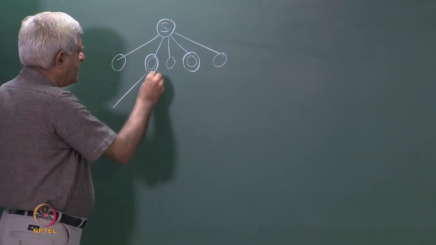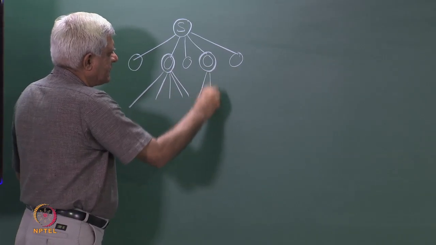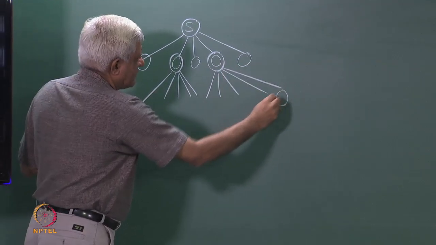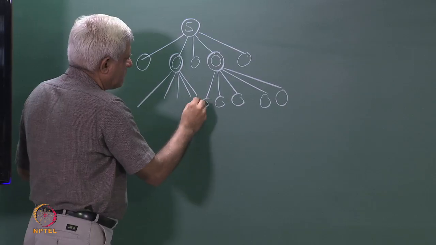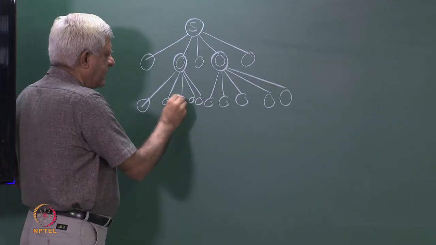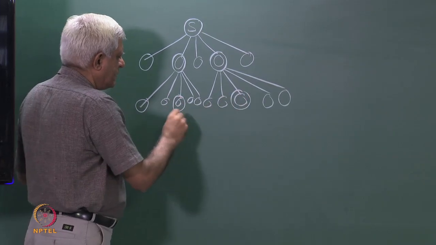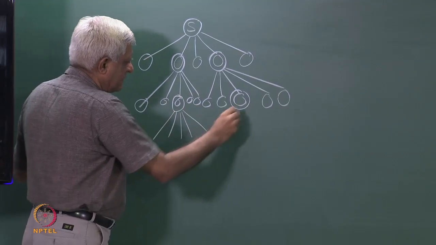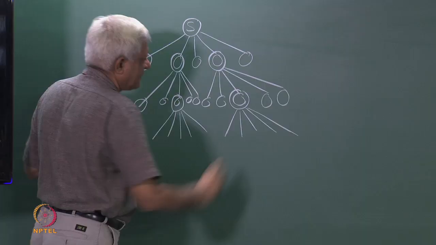Generate 5 children for this, 5 children for this. Again pick the best 2, generate 5 children and move on.